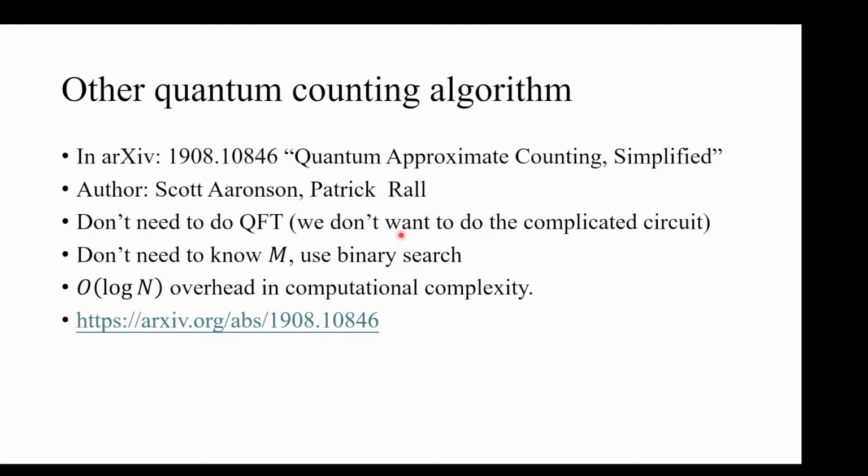In particular, we cannot do the quantum Fourier transform in near-term quantum computers. Otherwise, we would already be able to do factoring. So if you don't want to do the quantum Fourier transform, and also don't know m, you can still use this algorithm to do quantum counting.